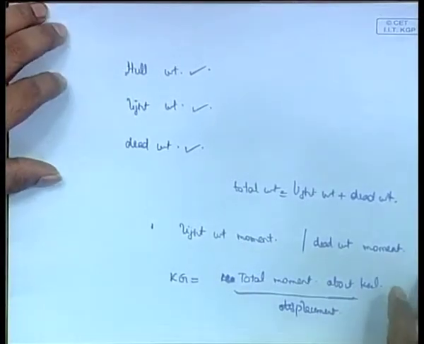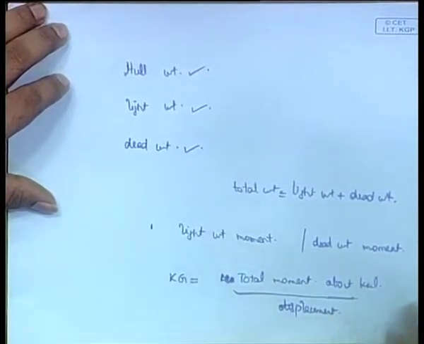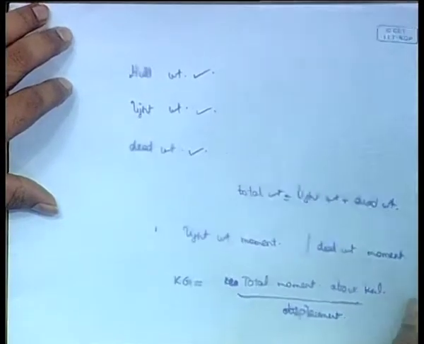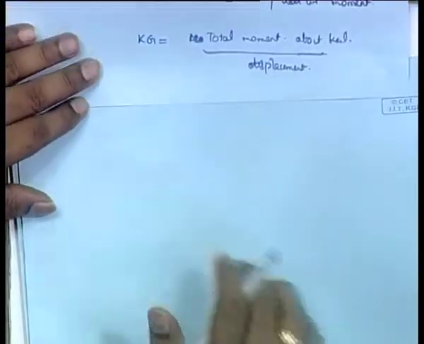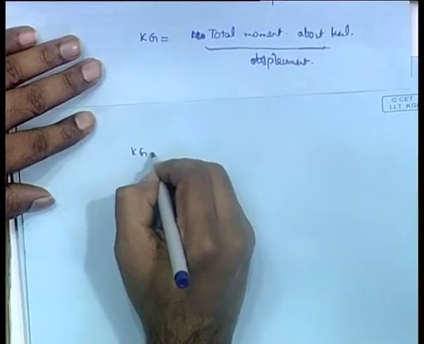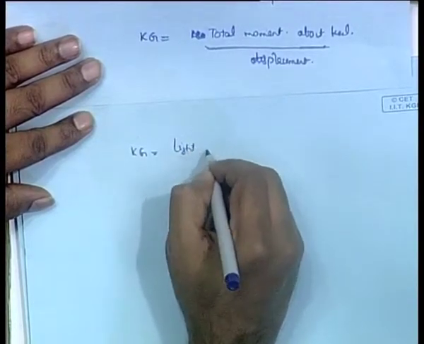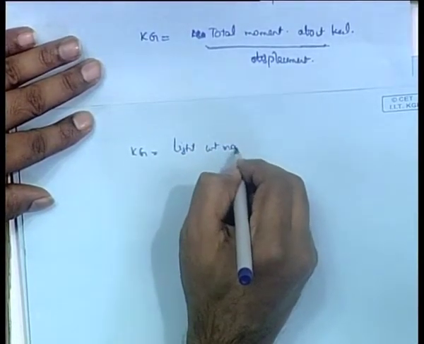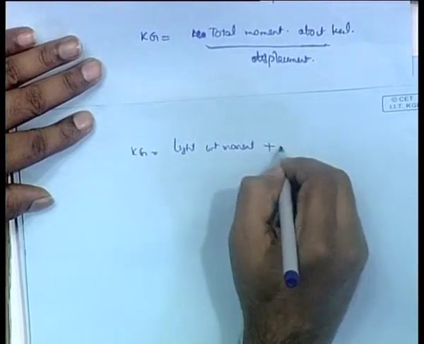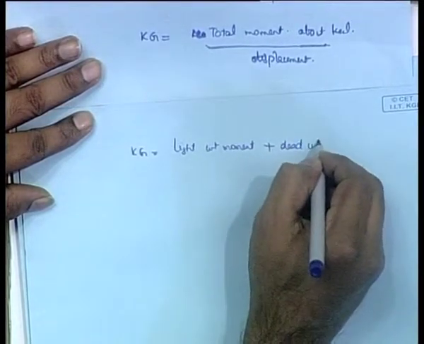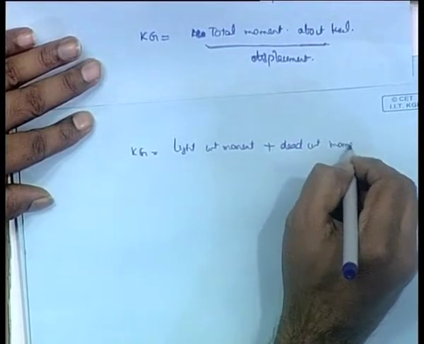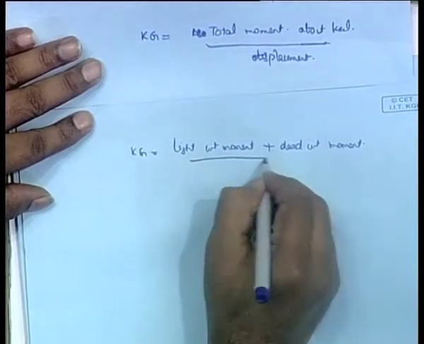Total moment about the keel divided by displacement, this is your KG, and you usually write it in this format. You say that KG is light weight moment plus dead weight moment divided by displacement.